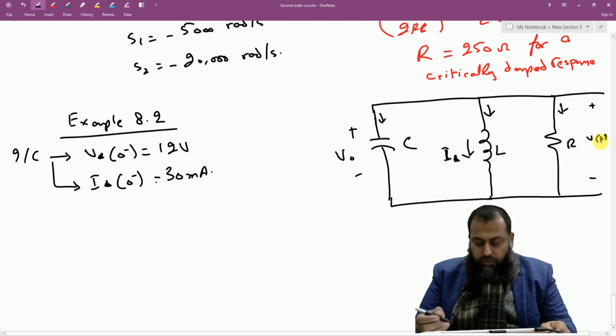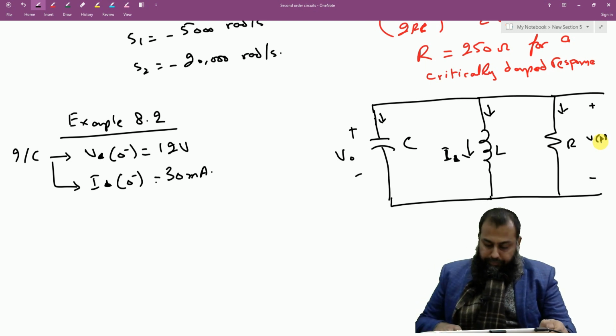And thereafter we want to sketch the voltage Vt. So let us start with this particular numerical.